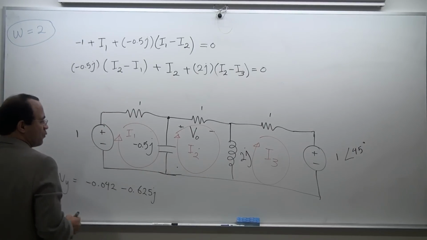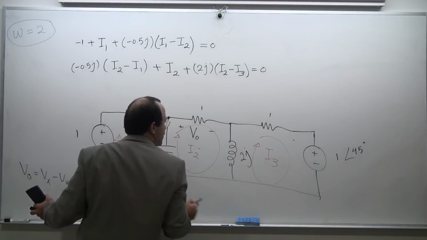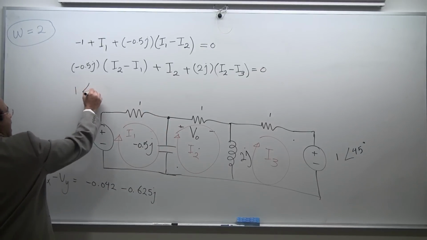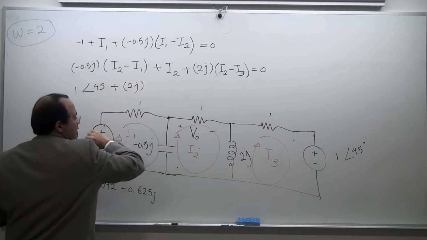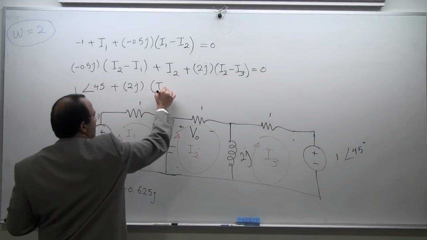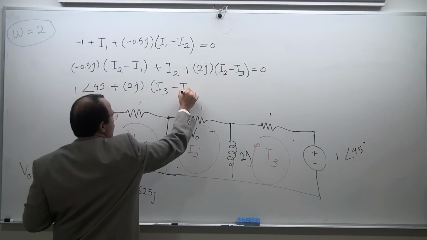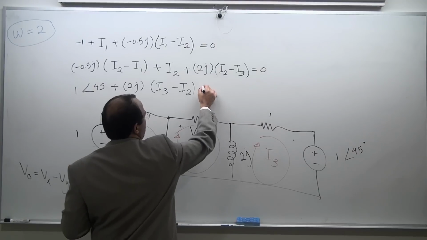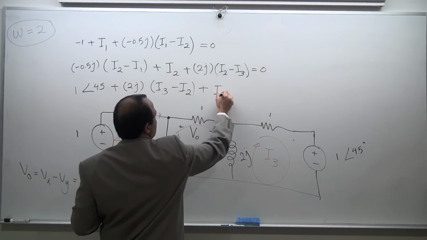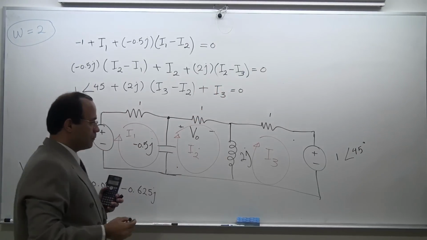Let's go to the last one. Let's start from this point, for example. It's going to be 1 angle 45 plus 2J. This time the master is I3, the slave is I2, and obviously they are opposing each other. And then I'm going to have plus 1 times I3 equal to 0.